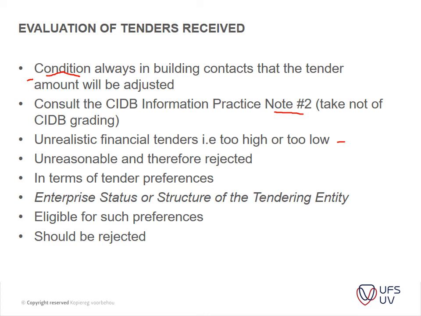You should ask the question: will the contractor be able to do the work? Okay, so you may reject someone if they made a big error like that, and it actually poses a high risk to your client. Okay, unreasonable and therefore rejected. That's what I was talking about just now.